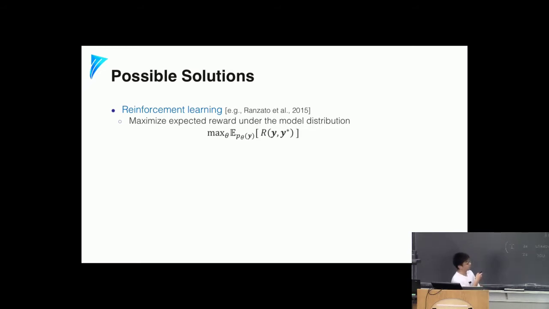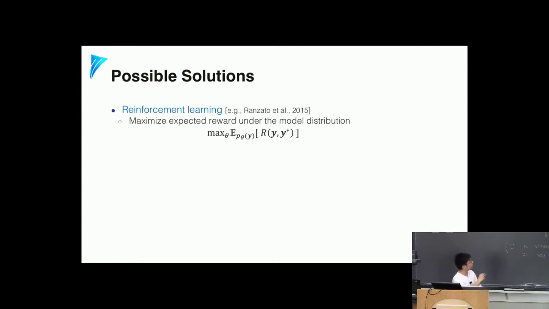So in reinforcement learning, we maximize the expected reward under the model distribution. So we assume a reward function, for example, this can be the BLEU score. So this reward function evaluates the quality of a model sample y against the ground truth y star.